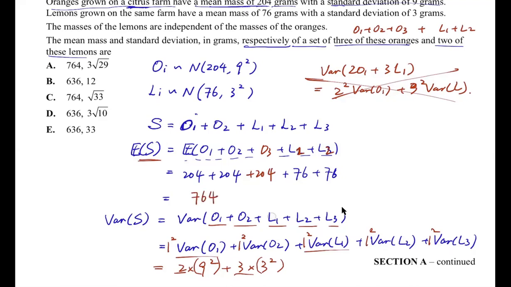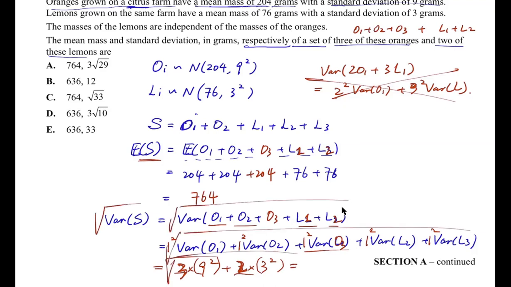The same idea applies to the next line: O3, L1 and L2. So this number here is 3, this number here is 2. Take the square root of that to get 3 root 29. That's my standard deviation of S. Choose A.